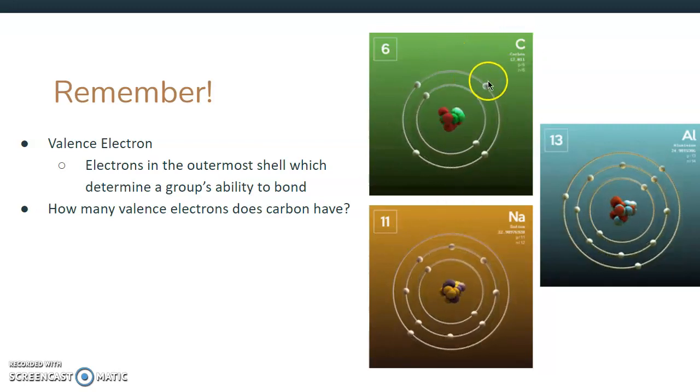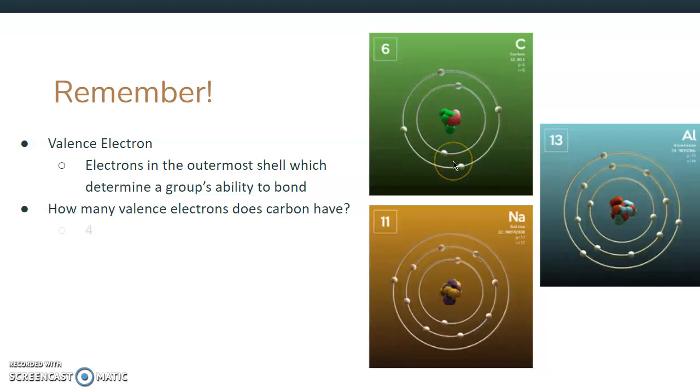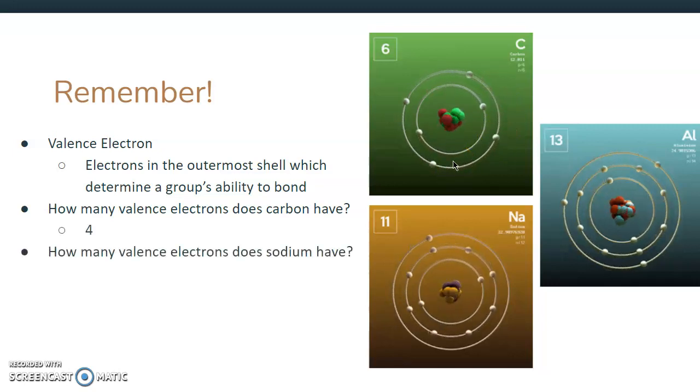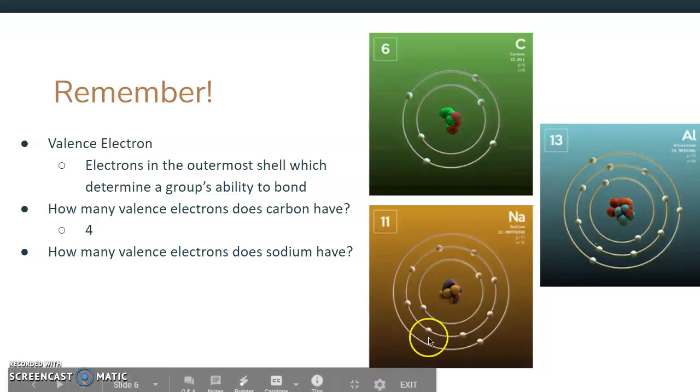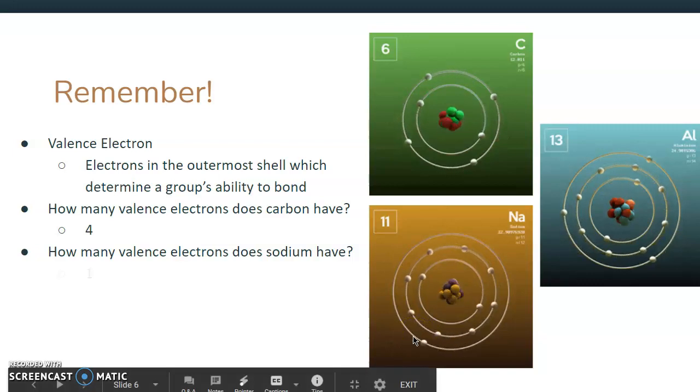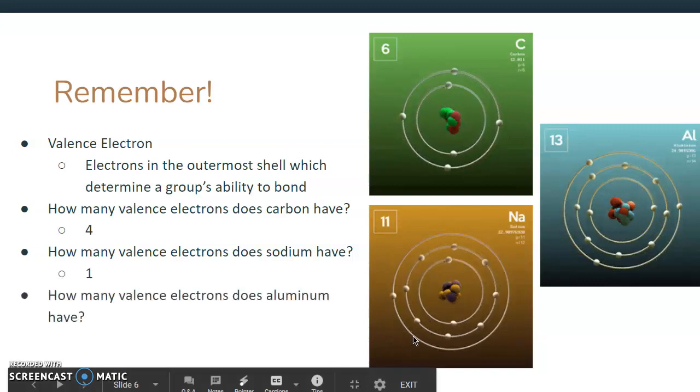So we have 1, 2, 3, 4. Now what about valence electrons for sodium? So sodium is Na down here. Our very outer shell only has 1 electron going around in a circle. And then what about for Al over here on the right? We have 1, 2, 3 valence electrons.